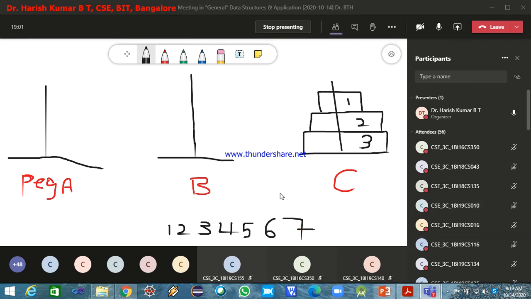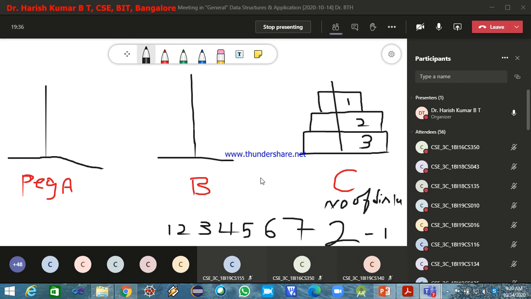So now how many moves, total number of moves required to transfer all the 3 disks from peg A to peg C using B as auxiliary? 7 moves. In general, the number of moves required is equal to 2 to the power number of disks, minus 1.